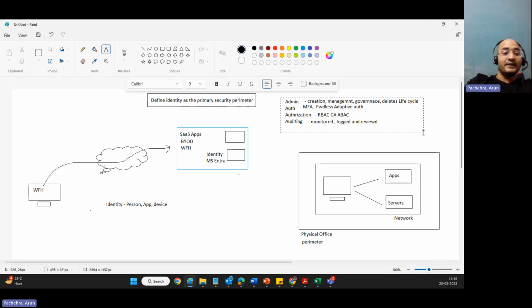We should have the best authentication methods in place, not only single factor but multi-factor, authorization as per least privilege principle, and auditing. If we are using MS Entra, we get most of these things by default. MS Entra has all those features. We might need to pay a little more for the license, but all these features are there and we must utilize them. With this, I would like to close the video.